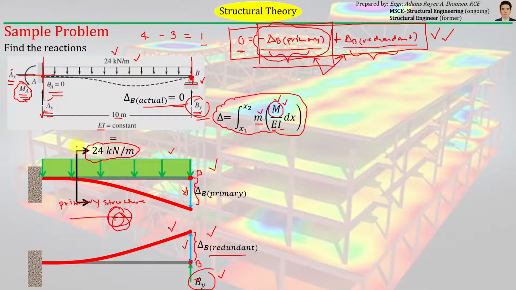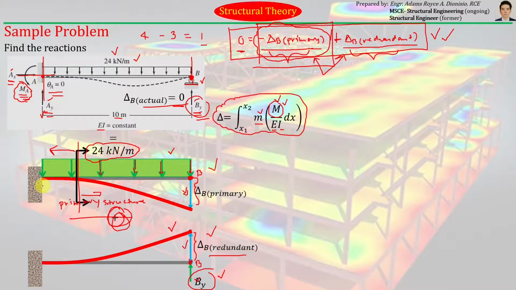And again, every time you cut the beam, you have the freedom to choose whether you'll use the left segment or this right segment. You have the freedom to choose, but for ease of computation, we will rather choose to use the right segment simply because we will just be dealing with this uniformly distributed load if we will be using the right segment.